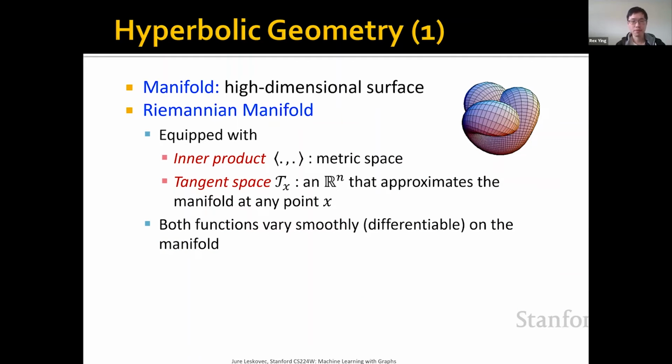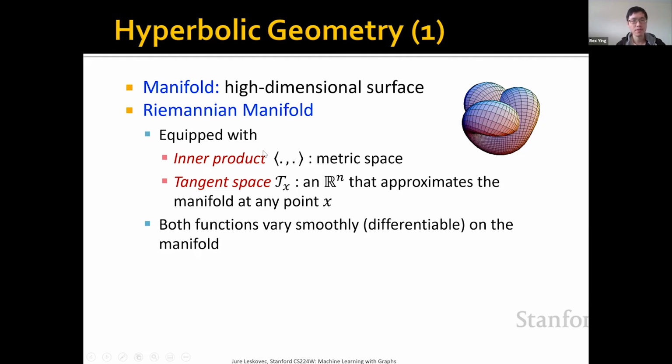Okay, and before going into the detailed architecture, let's first look into how hyperbolic space is mathematically represented. The formal definition of the hyperbolic geometry is a manifold, which is basically a high-dimensional surface, like a 2D surface but in high dimensions.